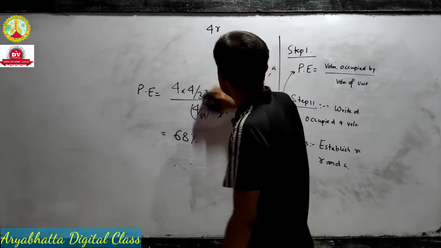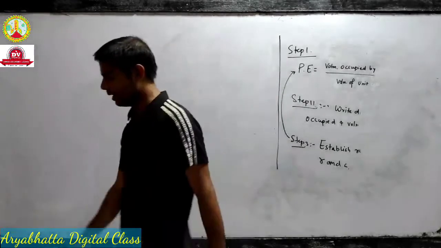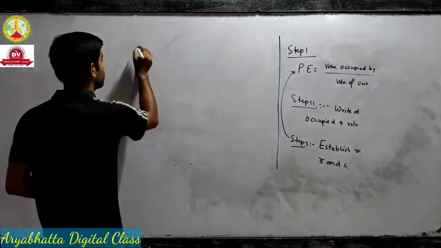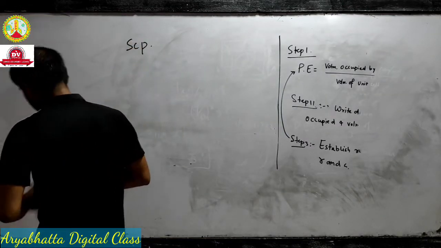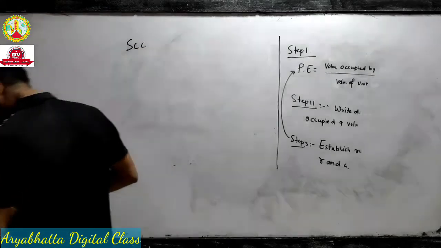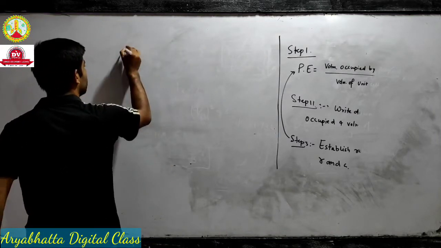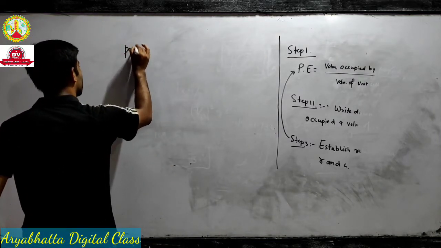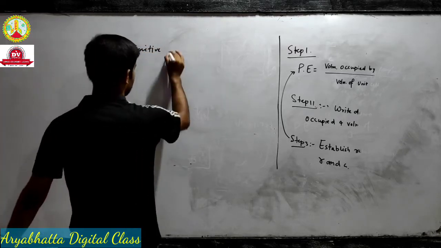We will see for primitive or simple cubic unit cell, or SCP, simple cubic cell. Okay, it's called simple cubic lattice, or primitive unit cell.